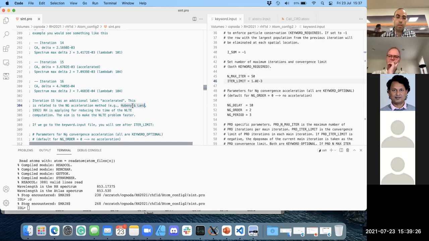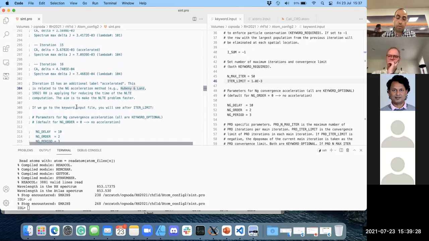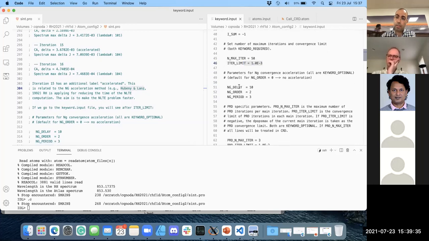Okay, so if you go again to the keyword input file, you can see that the next sentence after iteration is NG acceleration, and you have different values. Delay means that the acceleration scheme will start at around iteration 10. And then order and period are a configuration of the scheme.